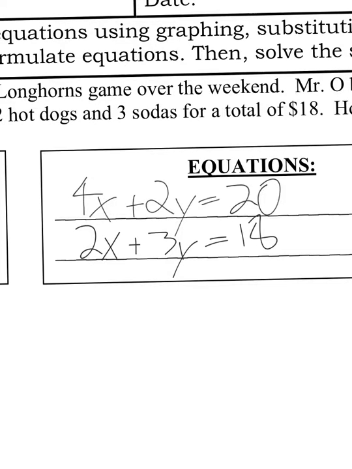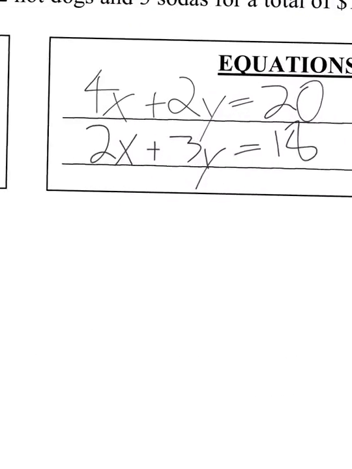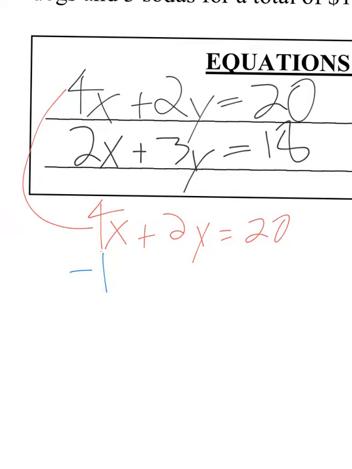Since I asked you to solve it by graphing, I need to get both equations into y equals form. So I'm going to rewrite this top one, and then I'm going to solve it for y. So 4x plus 2y equals 20. If I'm solving it for y, that means I have to add or subtract the x term to the other side, and so I'll subtract it because it was a positive 4x.